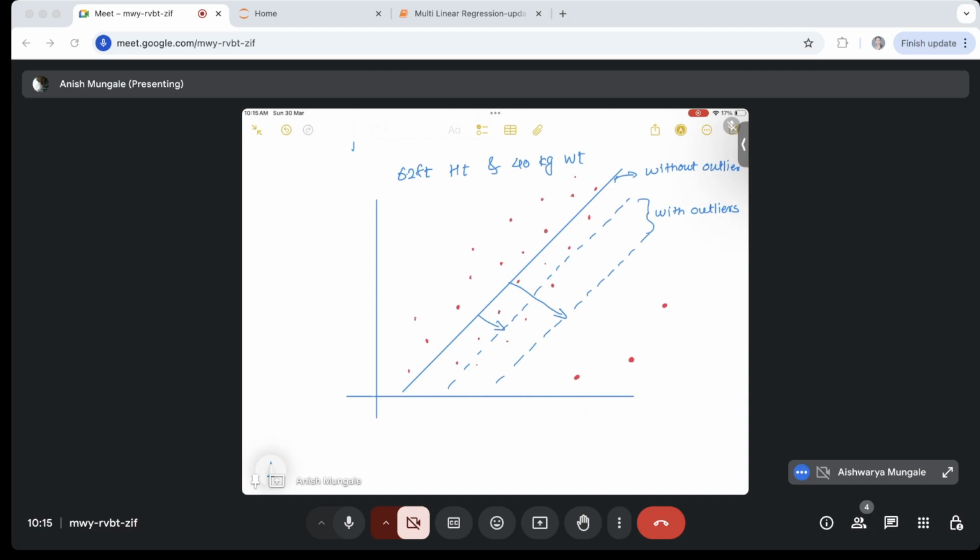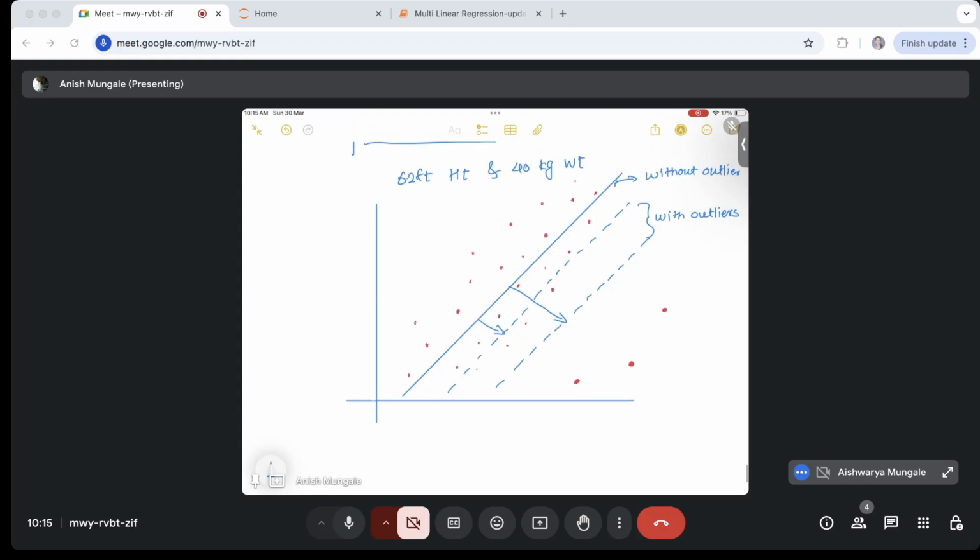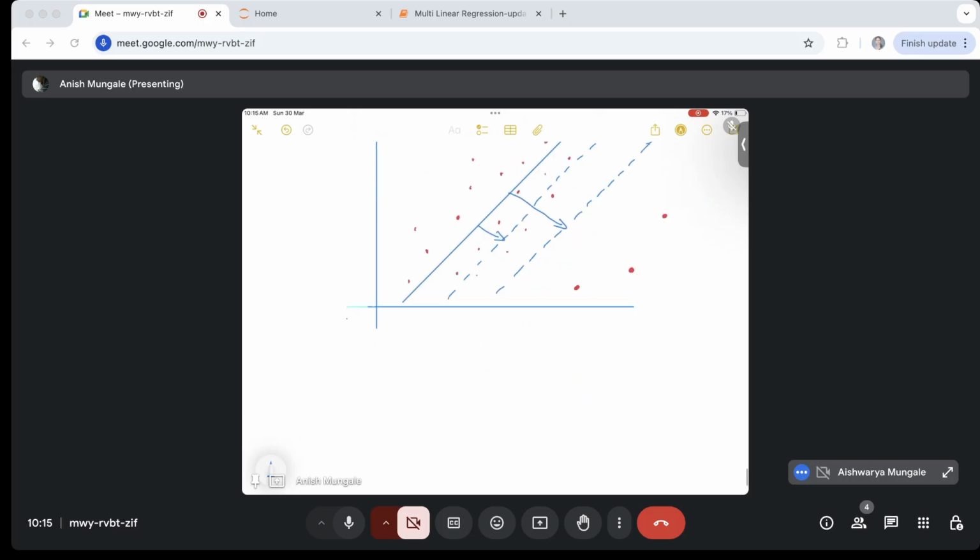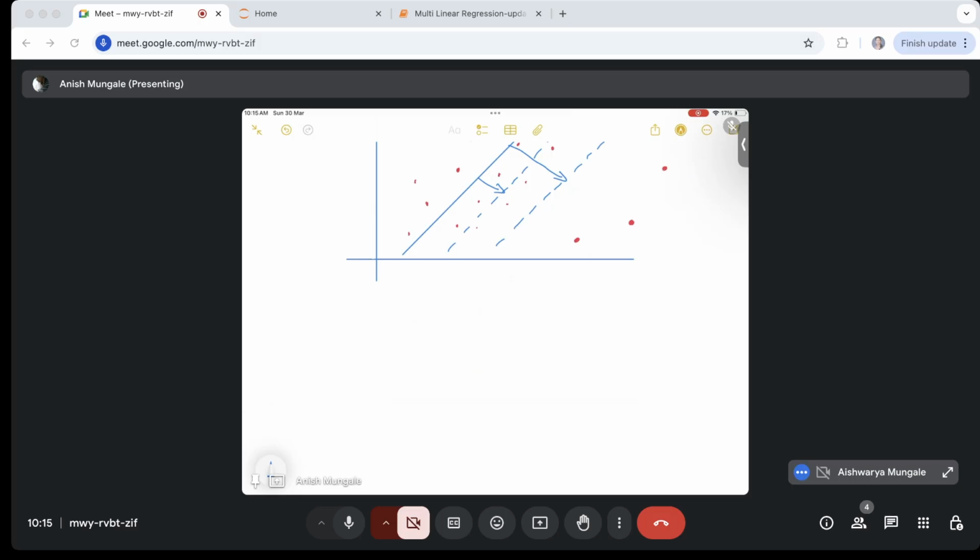If that is the case, what is the best way to find the outlier? The best way is to delete one data point at a time, then measure the change before and after the deletion. If the change is significant, then that data point is an outlier. If the change is mild, then the data point is an inlier.